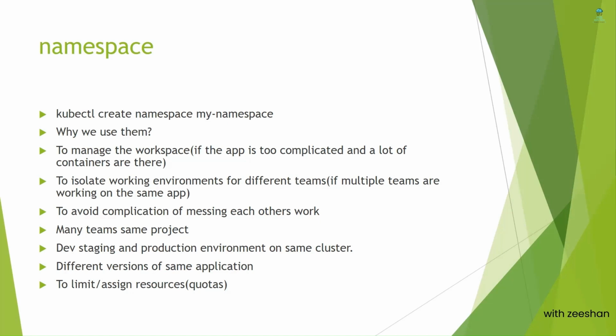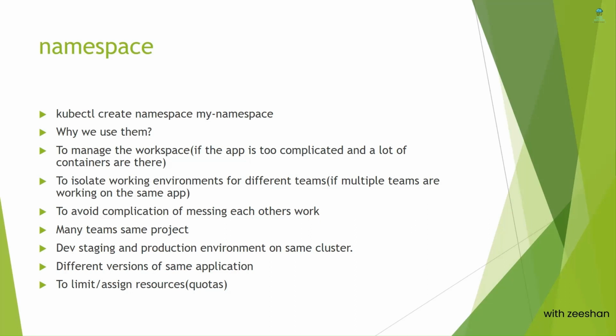Another important thing is we can assign resources to a namespace. We can limit them if we have a small cluster and a lot of teams are working on it. Eventually, pods use RAM, CPU and hard disk. So if everyone is spinning up their pods, the resources may choke up and nobody will be able to deploy their deployments.